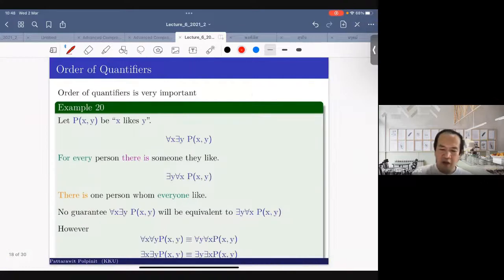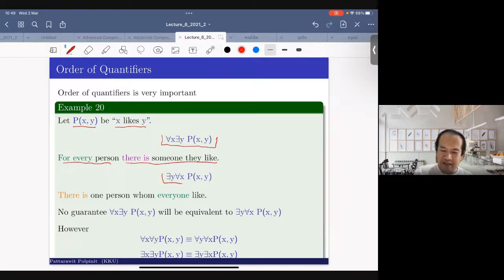For example, let's say the symbol P of xy means that x likes y. So for all x there exists y, P of xy means for every person, there is someone they like, let's say y.